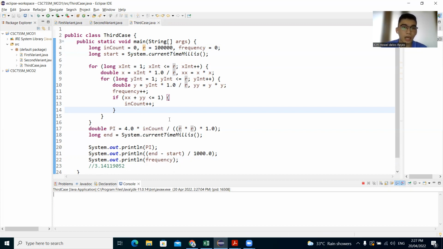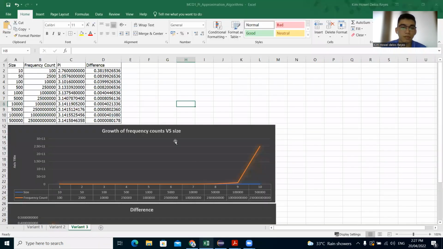But I've already taken into consideration having all the computed values for pi for some values of r, so I've already made a graph here. That's 10, 50, 100, 500, 1,000, 10,000, 100,000. The frequency count is also the same as variant 1, so it's n squared, a quadratic function with respect to the size.